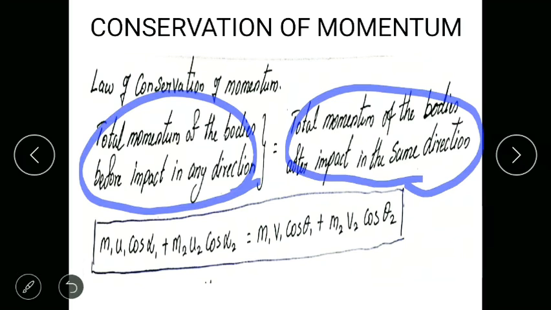The momentum of the two bodies before impact is m1 u1 cos alpha 1 plus m2 u2 cos alpha 2. The momentum after impact is m1 v1 cos theta 1 plus m2 v2 cos theta 2. This is the conservation of momentum for the two masses A and B.